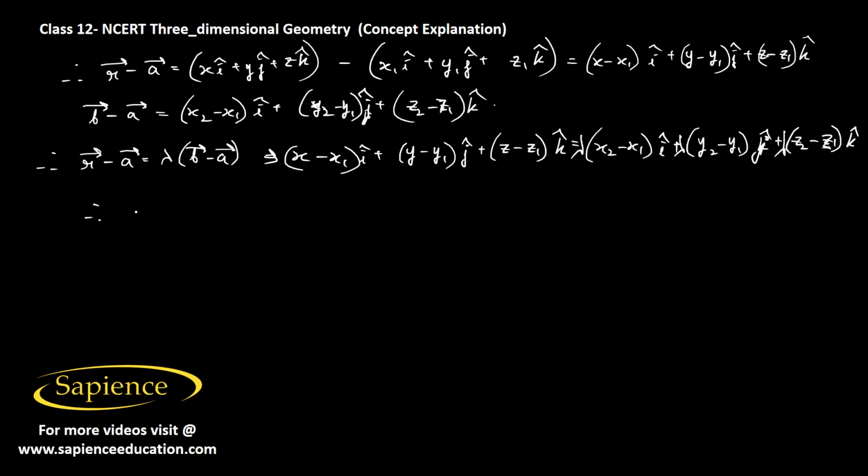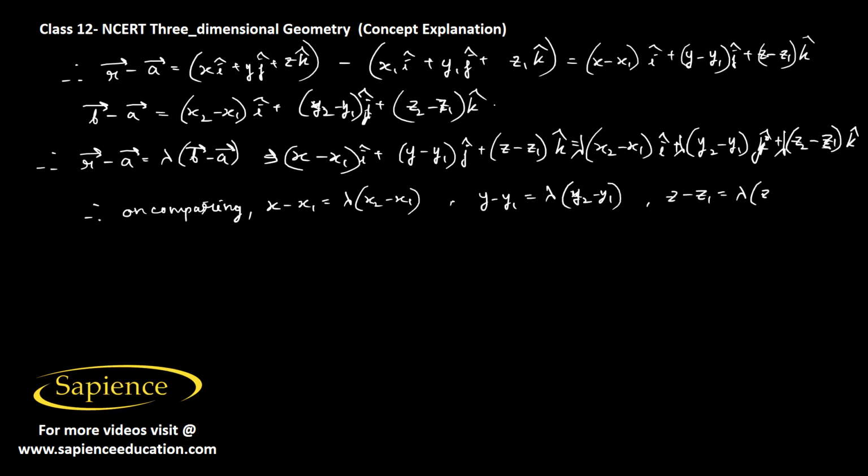So on comparing their components, you can see that x minus x1 equals lambda into x2 minus x1, y minus y1 equals lambda into y2 minus y1, and z minus z1 equals lambda into z2 minus z1.